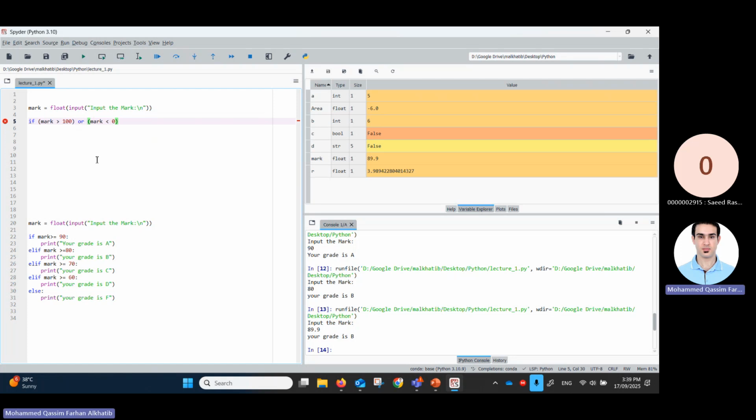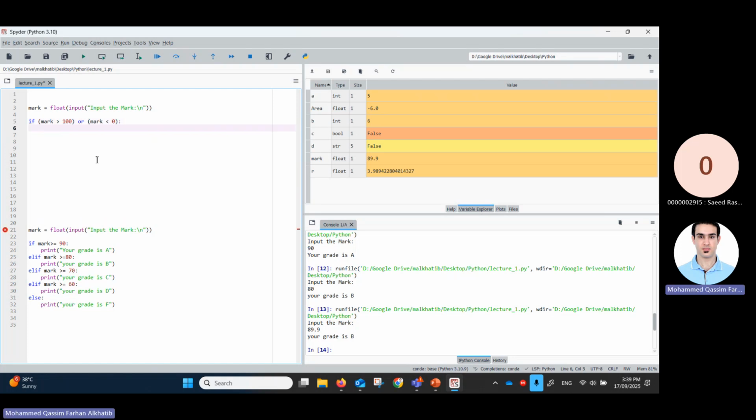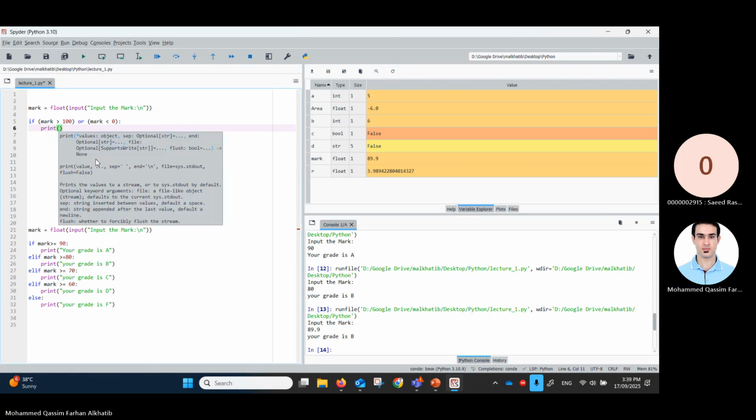You need to put the colon. All right, so if the mark is larger than 100 or mark less than 0, print, well, this is an incorrect mark. So I'll say incorrect mark, values, like a guideline, should be between 0 and 100.